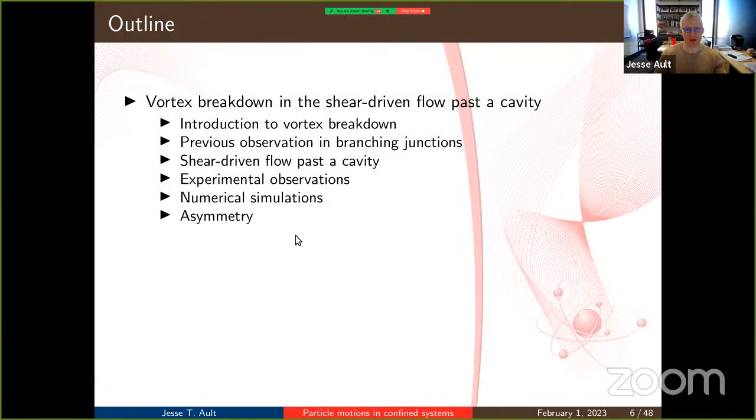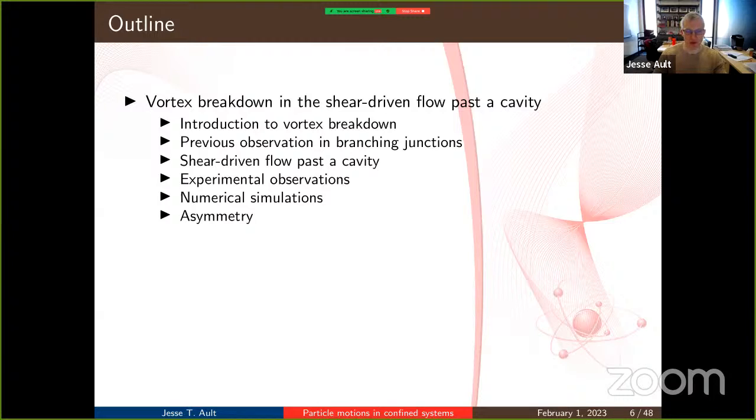Just as a brief outline for this first problem, shear-driven flow in a cavity and the vortex breakdown that results from that. We'll talk about just a brief intro to vortex breakdown, some previous observations that we had which motivated this work, which were in a branching junction flow. This goes all the way back to my grad school work.